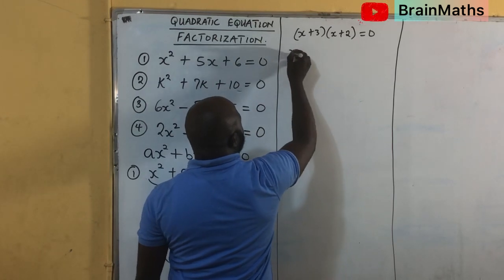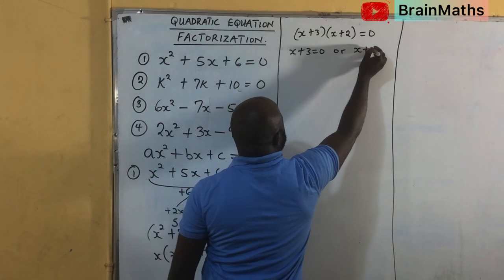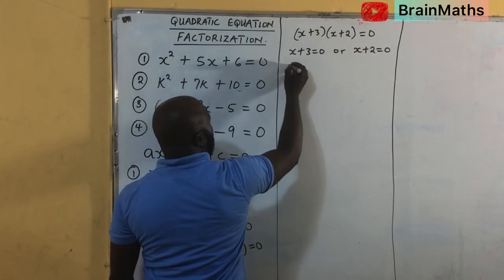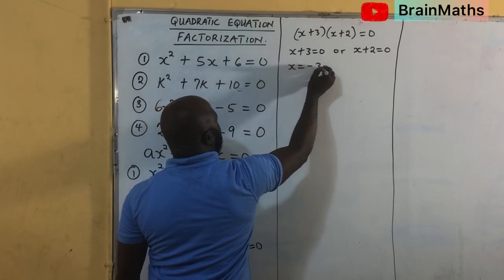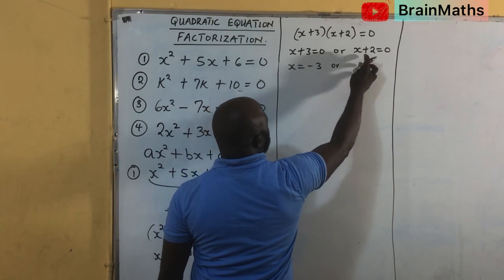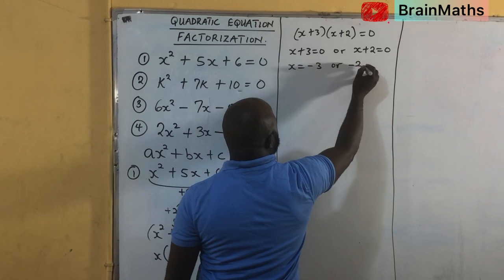So we have x plus 3 equals 0, or x plus 2 equals 0. If you take the constant outside, you have x equals minus 3. And if you do the same on the other side, you have x equals minus 2. So x is minus 3 or minus 2.